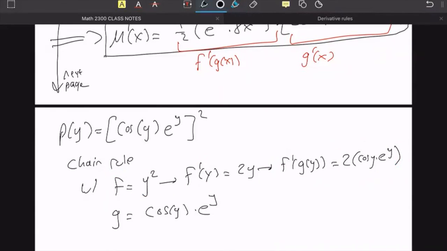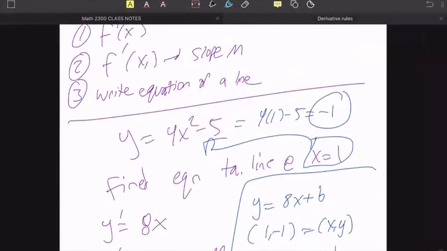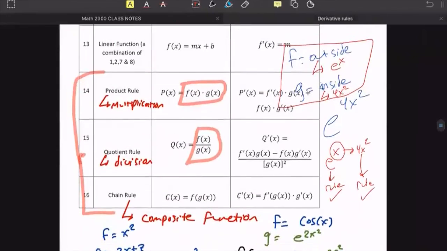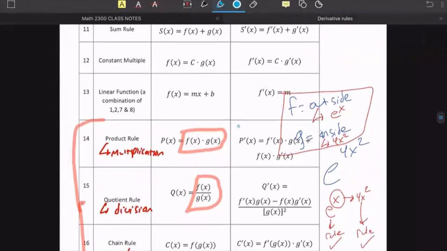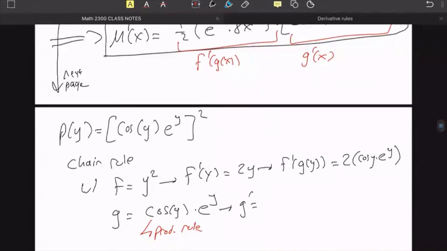Okay, and so then we just do the product rule on this one. And I'm just going to write the answer. This is the kind of thing we eventually want to be able to do: I know the general formula. If you don't remember it, it's right here. I have that committed to memory, and I know I've written all over this now, but I know what that is, and if you don't know what it is, it's out in front of you. I'm just going to do f prime g plus f g prime, right? So cosine prime is minus sine.